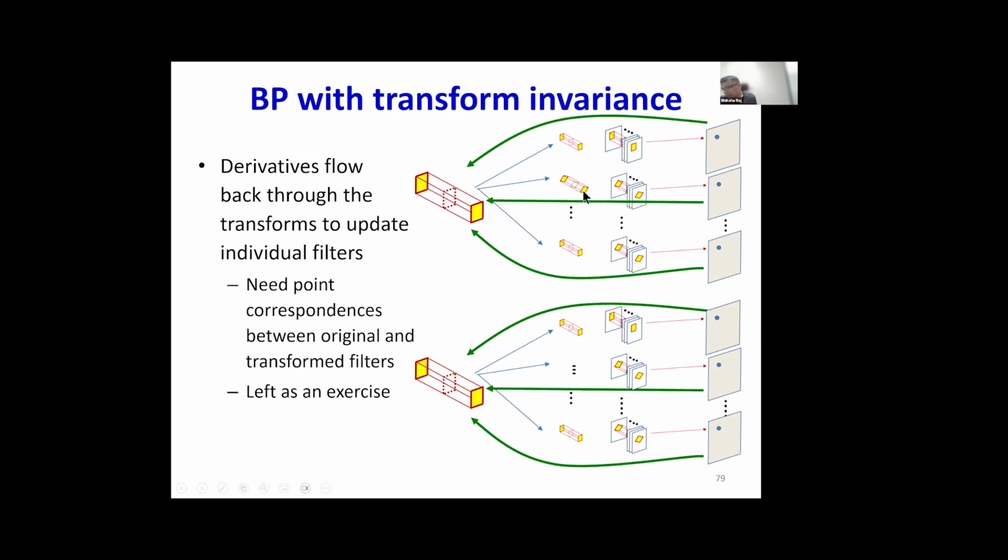So if I have a transform which is rotated by 45 degrees, those derivatives must be transformed back by rotating by minus 45 degrees. The regular filter derivatives are simply going to be passed through directly. If I have a transform which is a reflection, then the derivatives for this filter must be reflected back before being propagated here. And all of them must be aggregated to get the derivatives for this base filter. That makes sense?